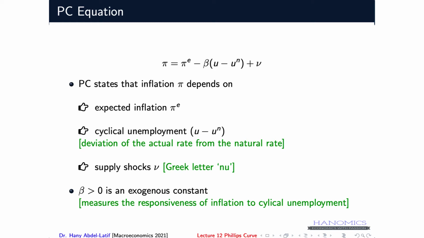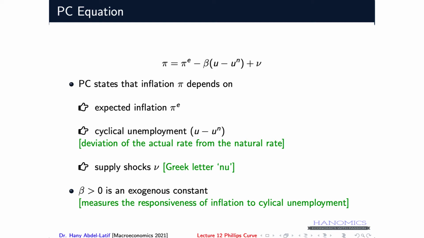As we said before, if cyclical unemployment equals 0, then the actual unemployment rate equals the natural rate of unemployment.